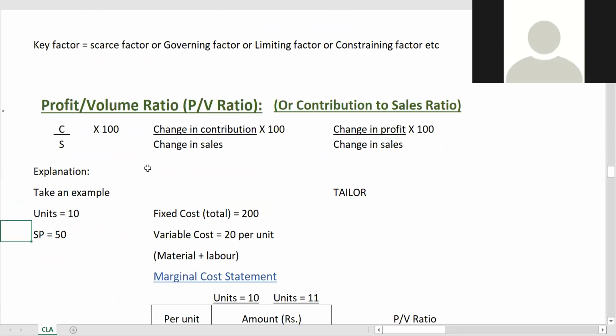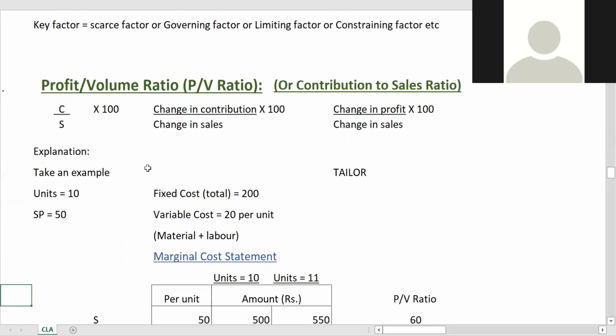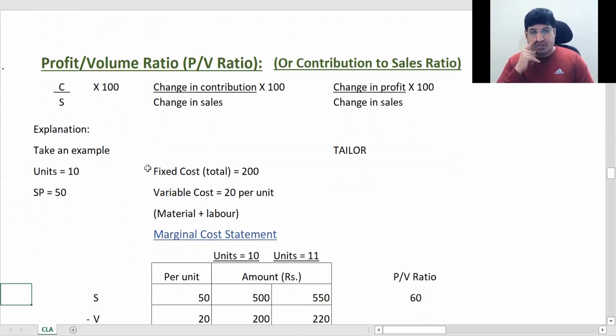Next thing which we discussed is profit volume ratio. Profit volume ratio is calculated as contribution upon sales into 100. You calculate it per unit or total, you will get the same value.